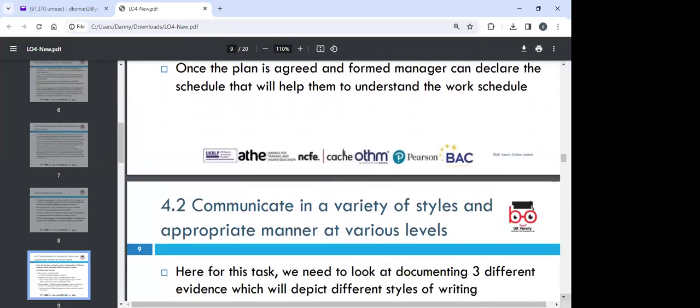So, in other words, it is a collective agreement between the staff and the manager, where the manager moderates, listens to everybody's issues, brings all the opinions together, and then formulates them into a work schedule for all to follow.